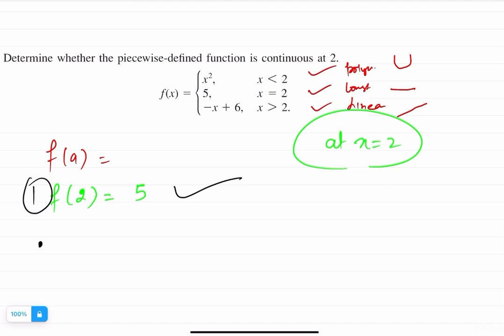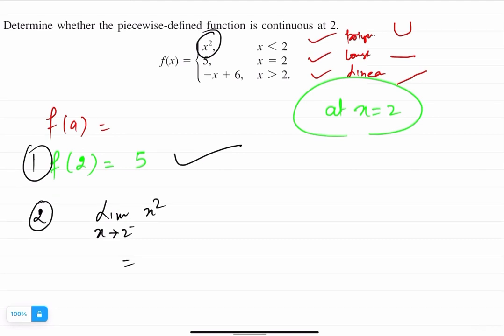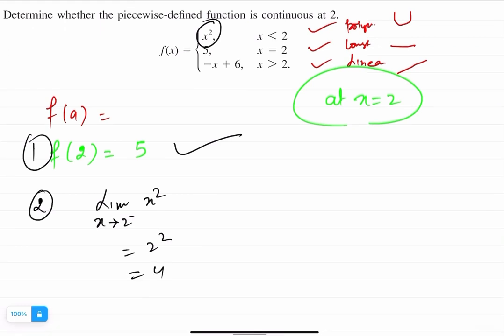The second condition is that we have to find the limit as x approaches 2 from the negative side. For the left hand side, we will take values that are lesser than 2. That is x squared. If we put x as 2, we will get 2 squared, that is 4. So the left hand limit is 4.